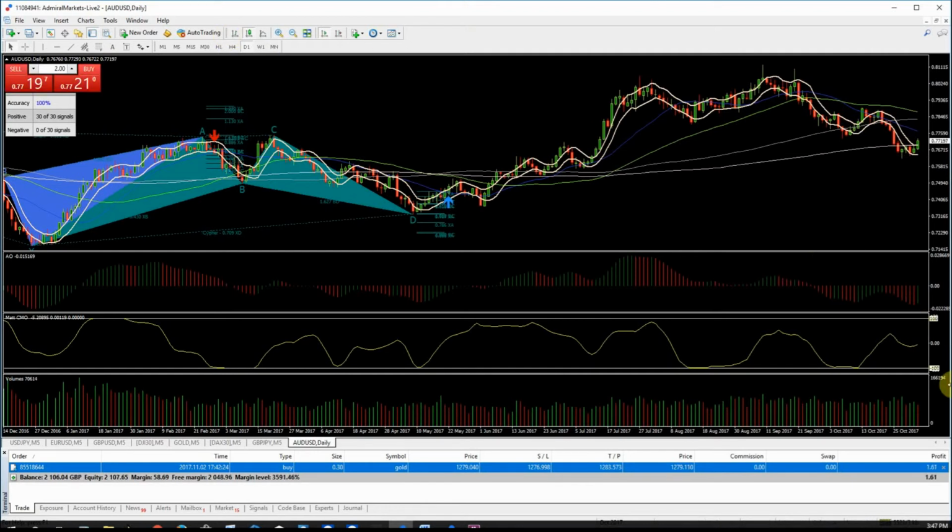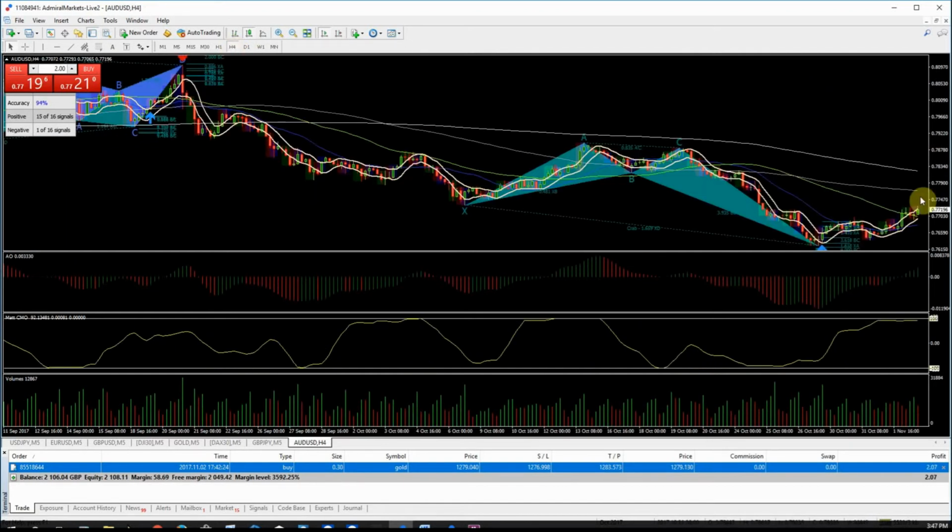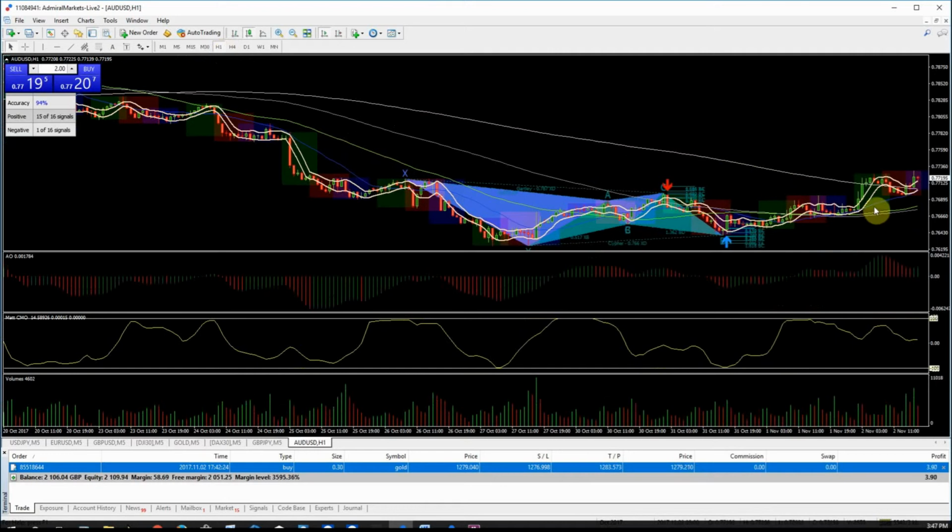But as far as the daily is concerned, it looks like potentially to scoop up there we could get some more upside here, so that looks okay. 4-hour chart, we're getting overbought-ish, but this could go on for some time. We could get up to this sort of level, so I wouldn't be overly concerned with that. Hourly, yes, a really nice close on the outside of the bands there, or the price envelope there.